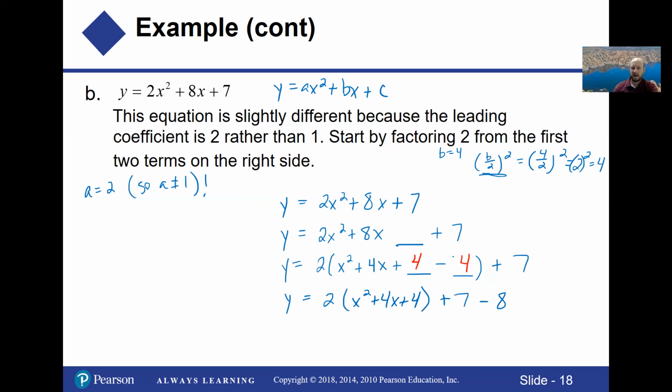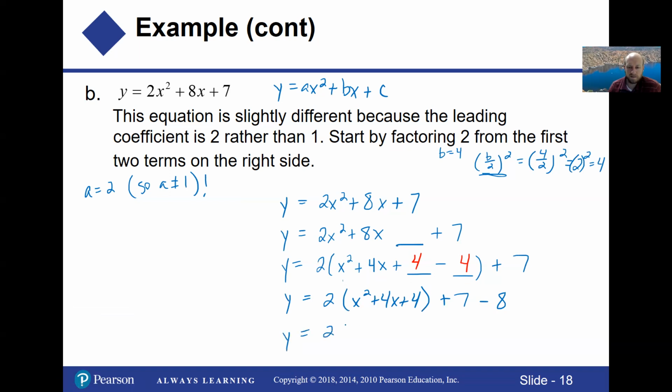I'm adding it and I subtract it. These first 3 terms are factorable. The last term, the minus 4, is not part of that, but if I distribute it with the 2, I put it on the outside as a minus 8. Really important step here.